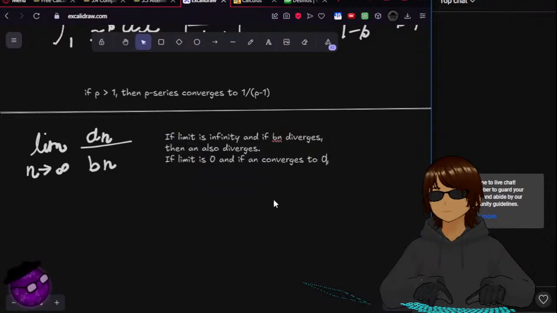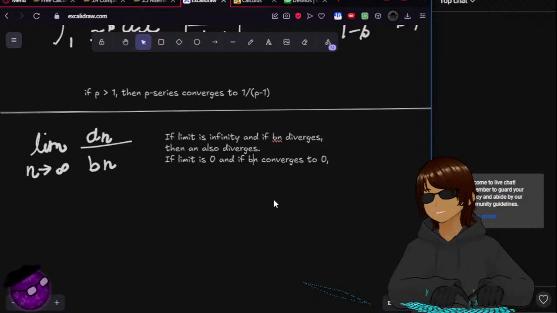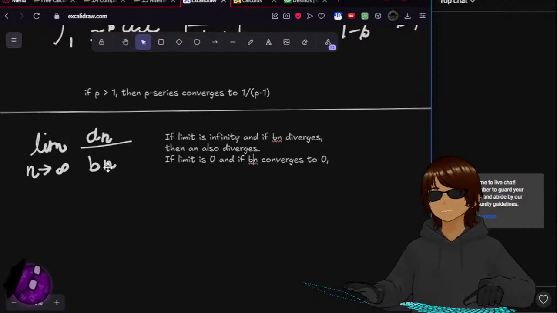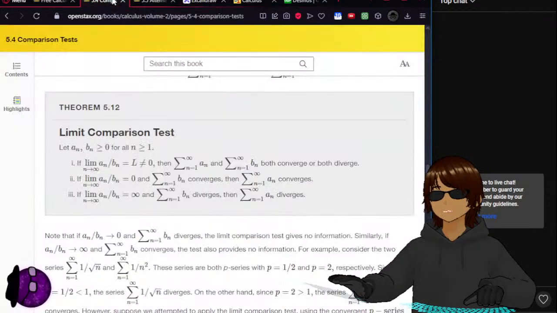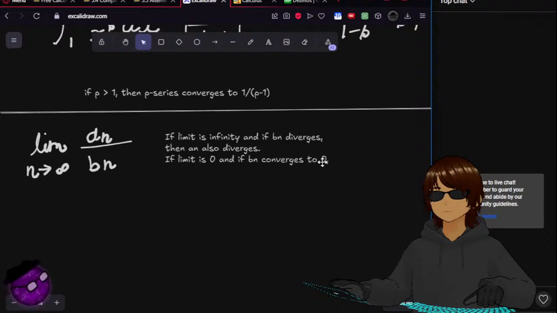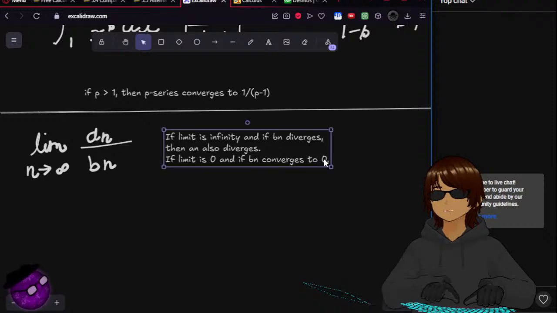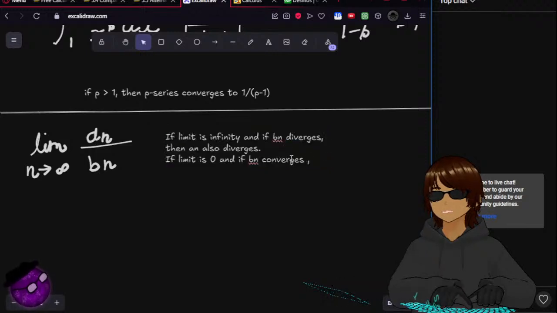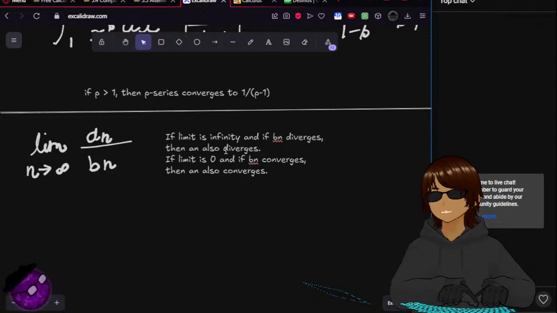Let's see. If bn converges to a particular value, if bn converges, then an also converges. An cannot diverge. If it diverges, then the entire limit would go to infinity, but we already said that the limit is 0.